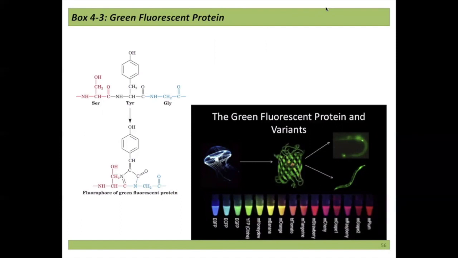And they use these again as tags, so they append it to different proteins so they can tell when certain things are turned off and on. So I believe this is a C. elegans, a little worm, and I'm not sure what they're detecting, but wherever it's fluorescent, that is attached to some other protein of interest.